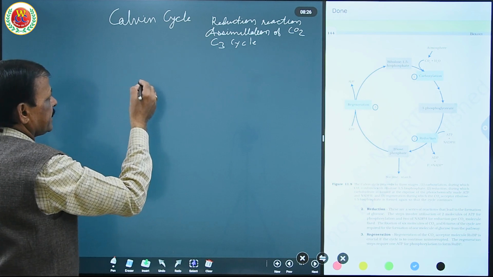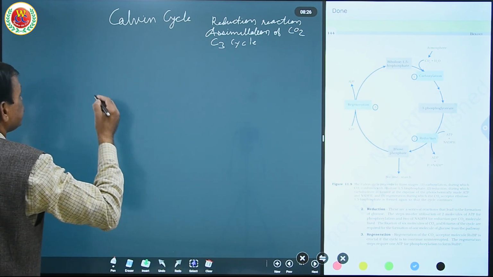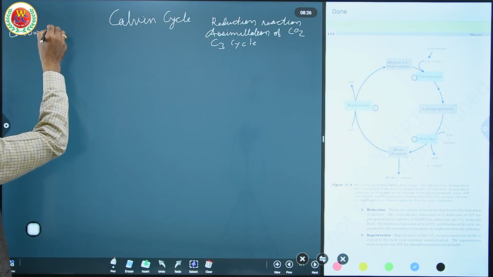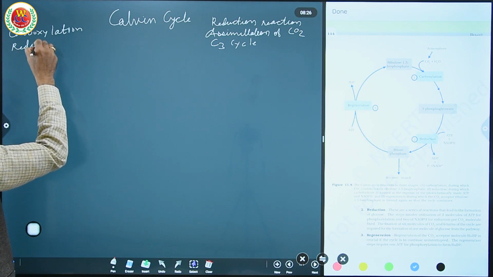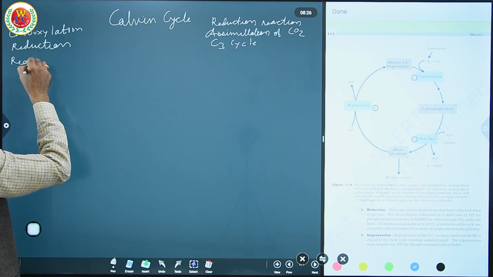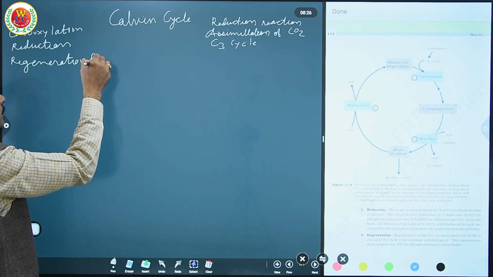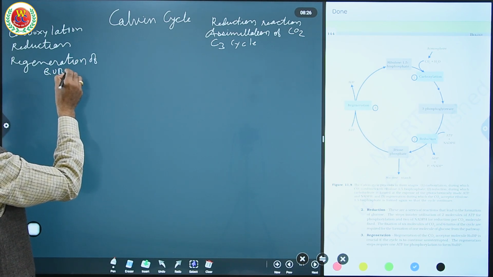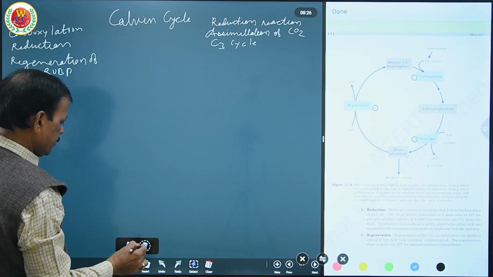It occurs in 3 steps, and these 3 steps are carboxylation, reduction, regeneration of RUBP.